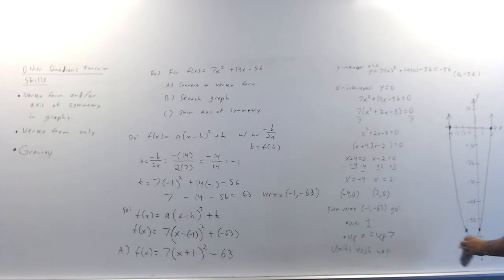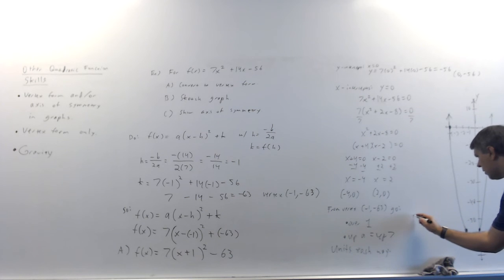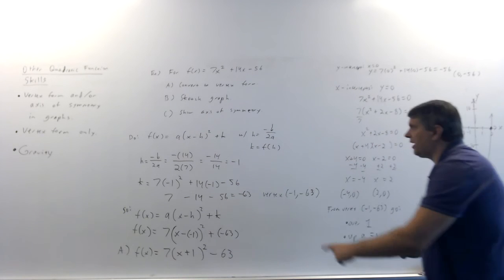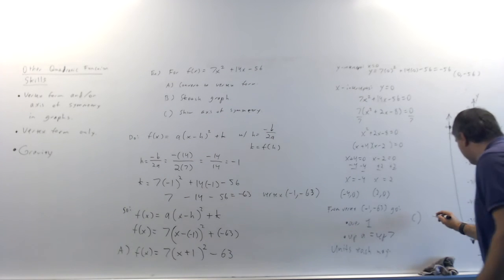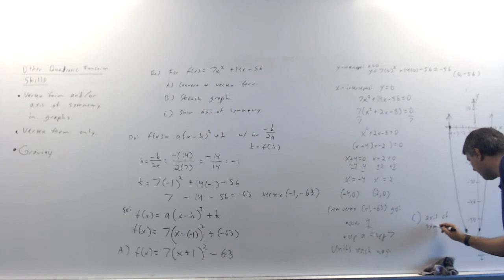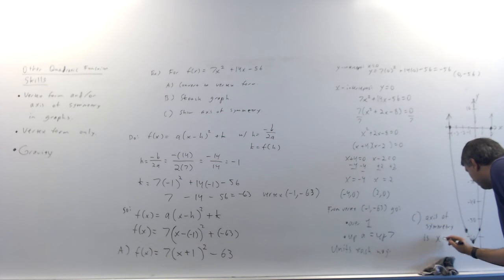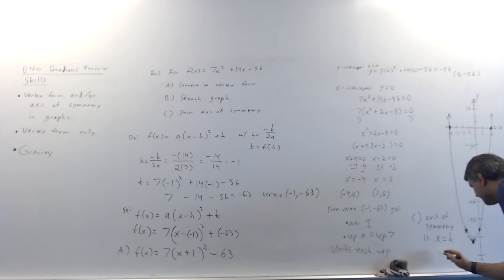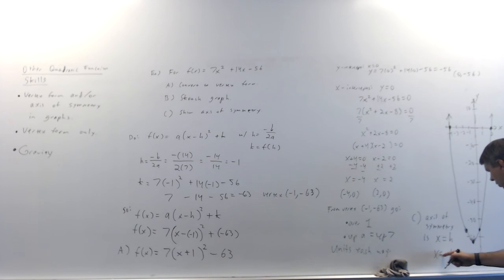Okay, now, C, axis of symmetry. Okay? Axis of symmetry is x equals h. So in this case, it's x equals -1. And these are normally shown with a dotted line.